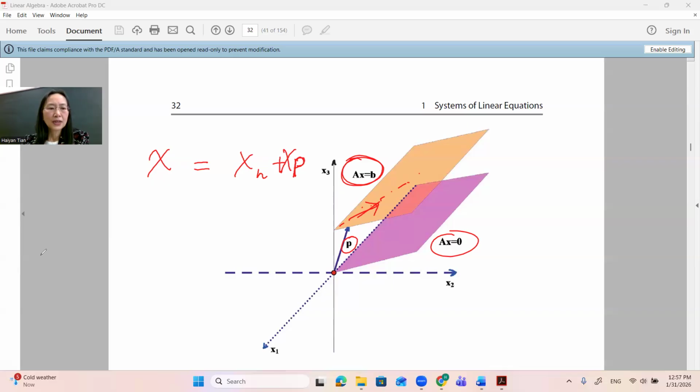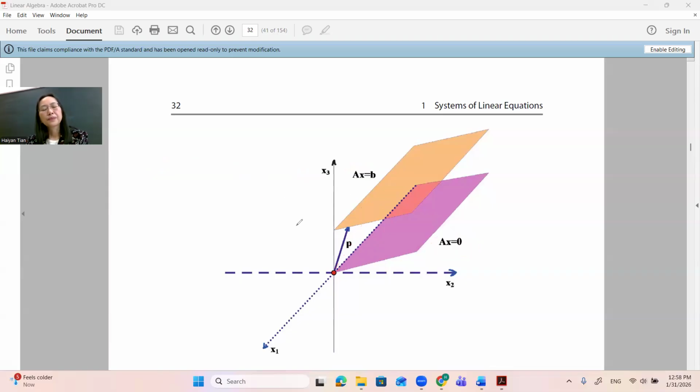So actually, that is a vector in here. That means it can be obtained from adding P to the homogeneous solution to get this vector. So you can visualize the two different sets.